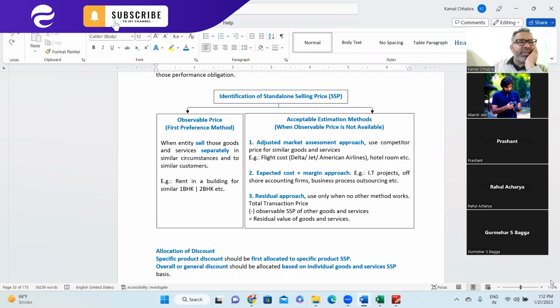Normally, 1 BHK apartment you give on rent for $1,000, and 2 BHK apartment you give on rent for $1,500, right? If any unit of 1 BHK is vacated, and you want to give it to a new tenant, what should be the rent for that 1 BHK unit?